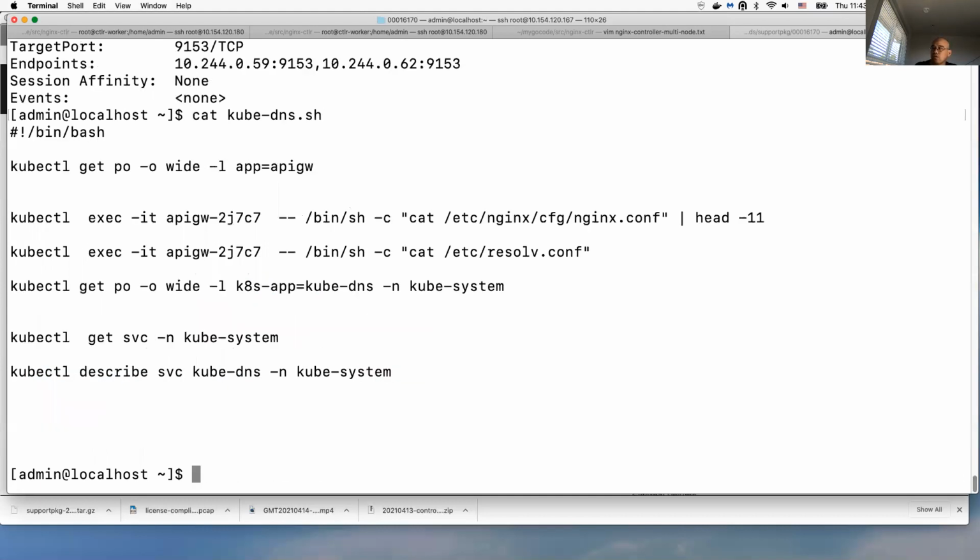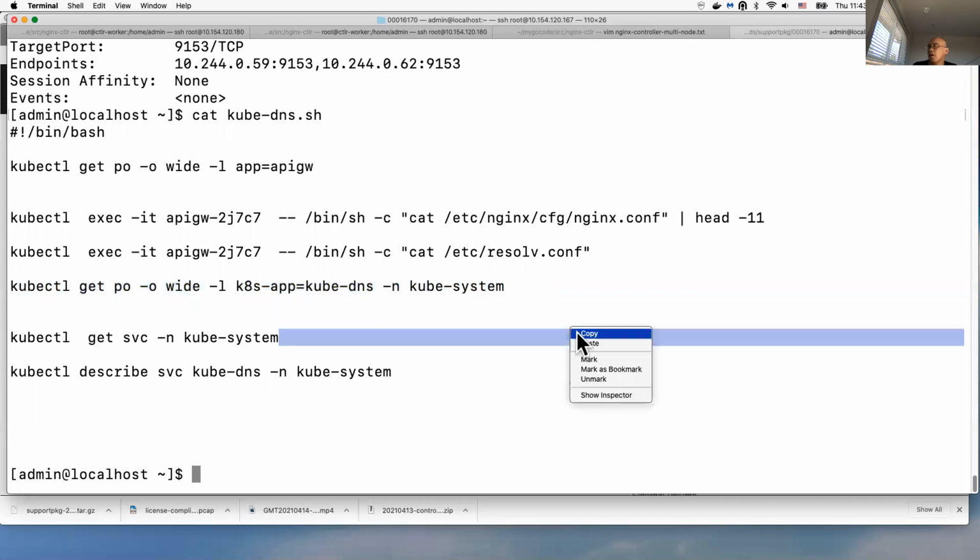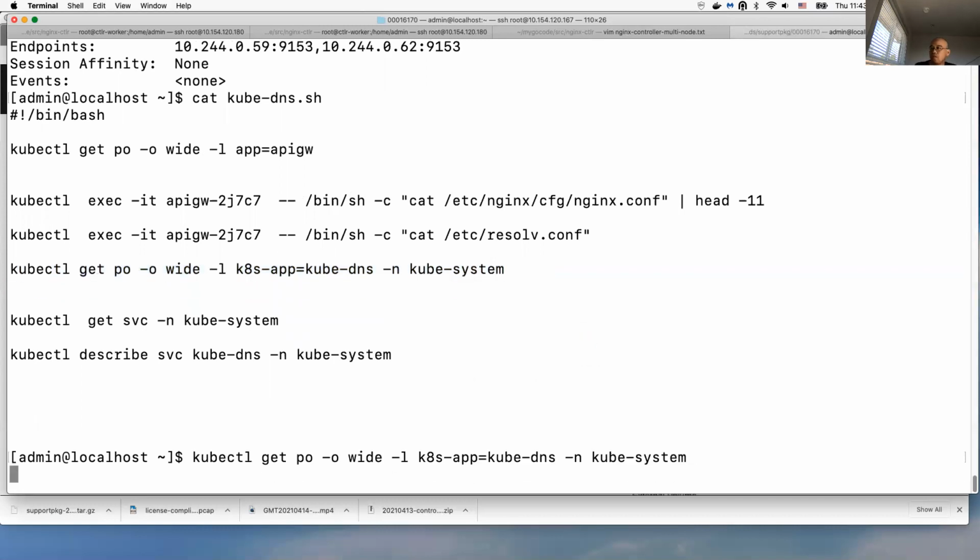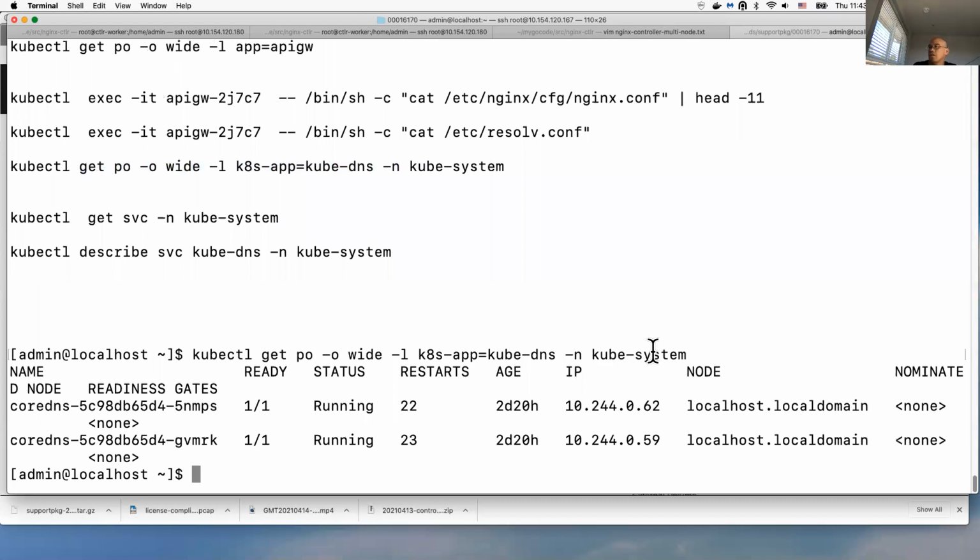We can look at the CoreDNS pods here. This command will show us the CoreDNS pods. Okay, so two CoreDNS pods are running in the localhost node.